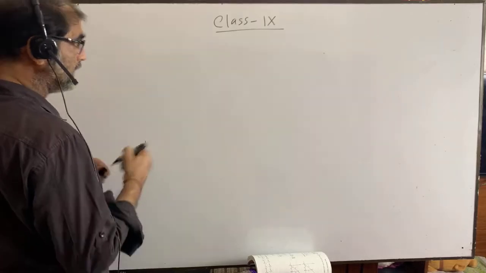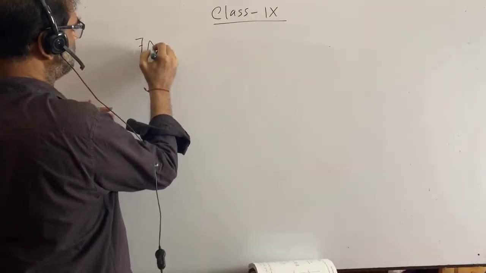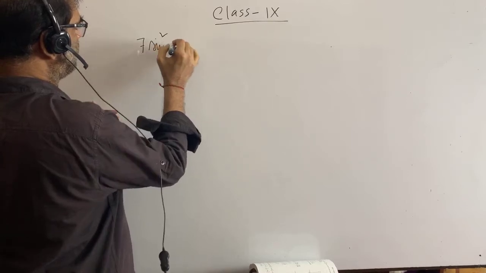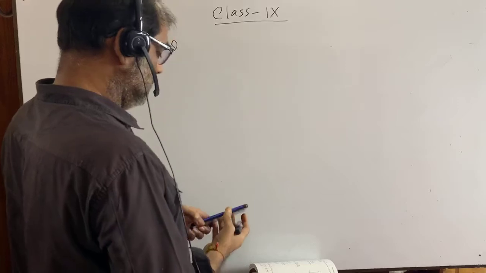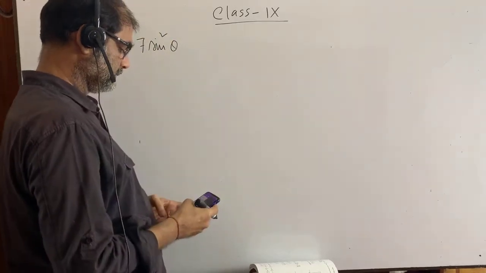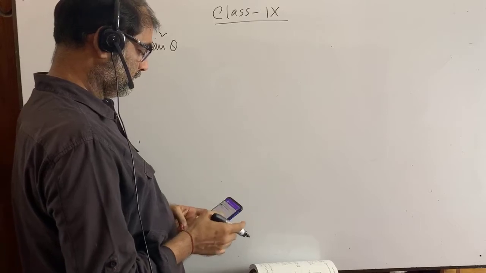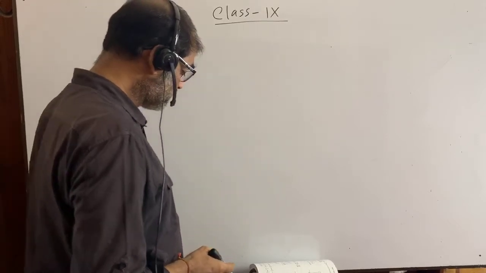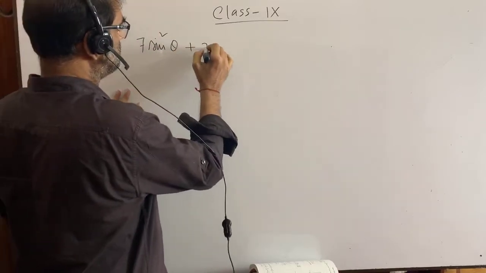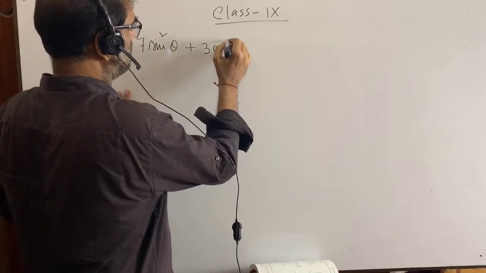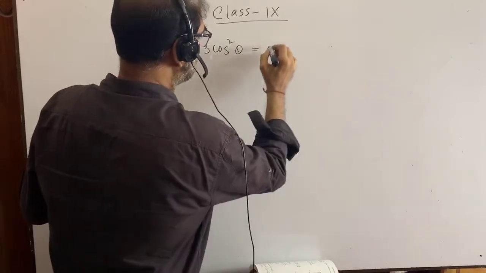Suppose you are given 7 sine square theta plus 3 cos square theta is equal to 4.